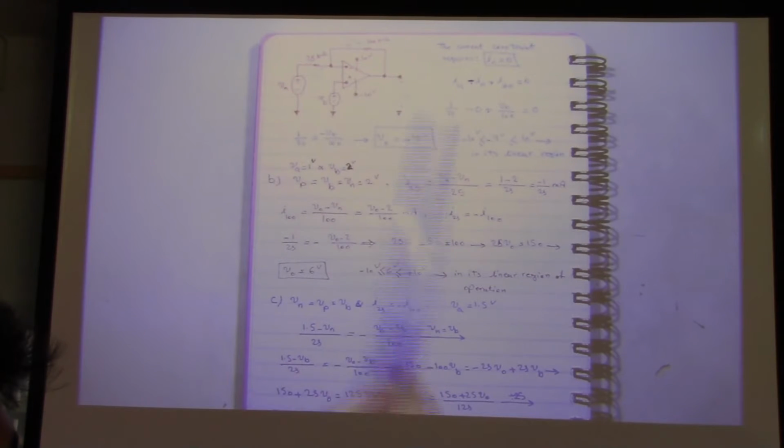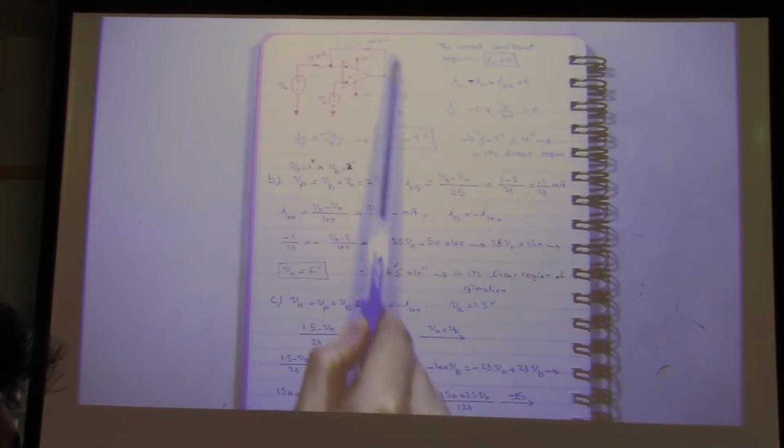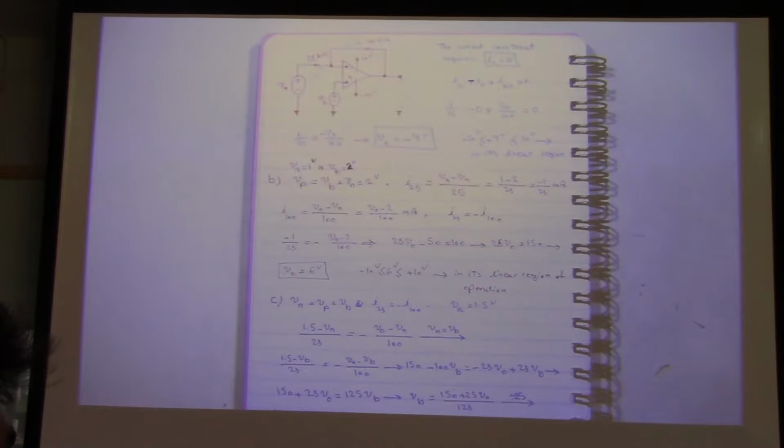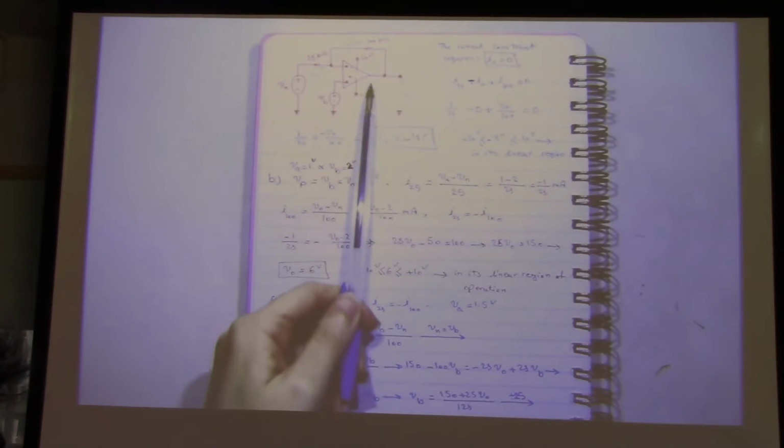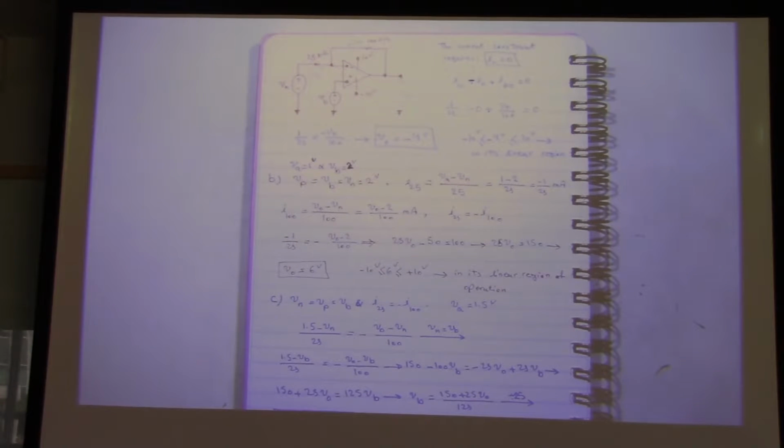That's why we have 1 over 25 plus V out over 100 equals 0. I explained in class that all currents are entering the op-amp. This is the reference direction.